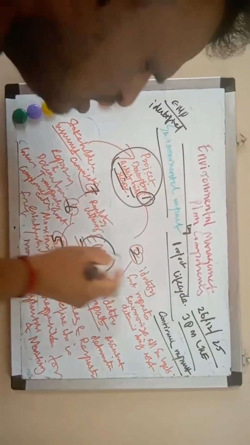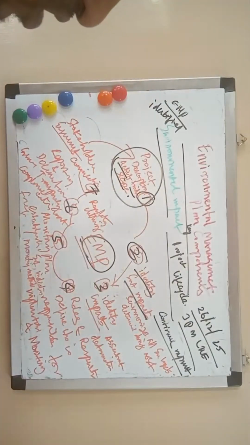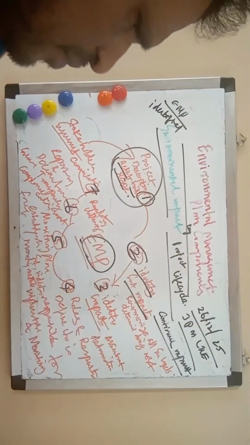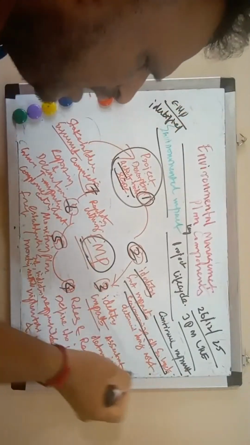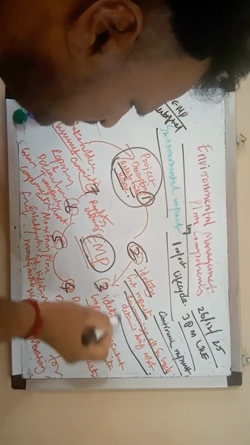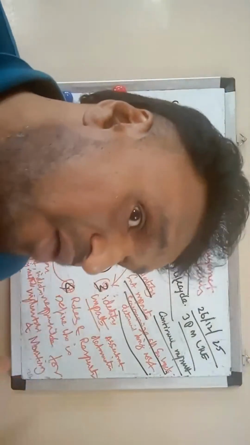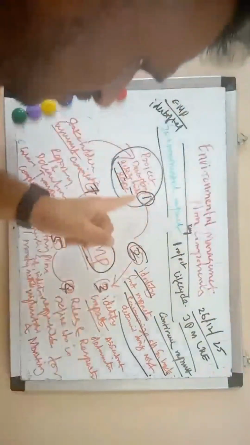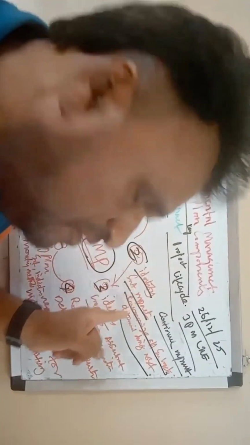Then number 2, identifying the environmental impacts. You have to identify and summarize all the environmental impacts of activities during the project. What are the different kinds of environmental impacts? Based on these activities there is an environmental aspect, and in this there is an environmental impact.